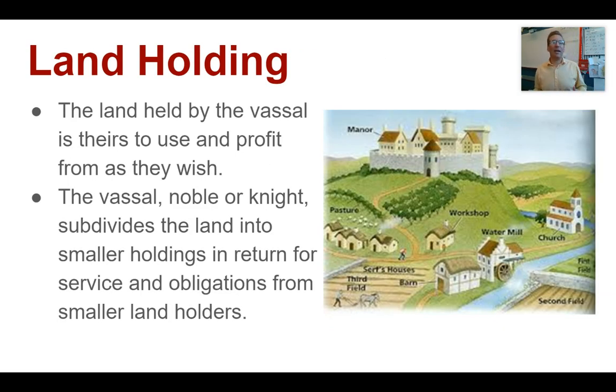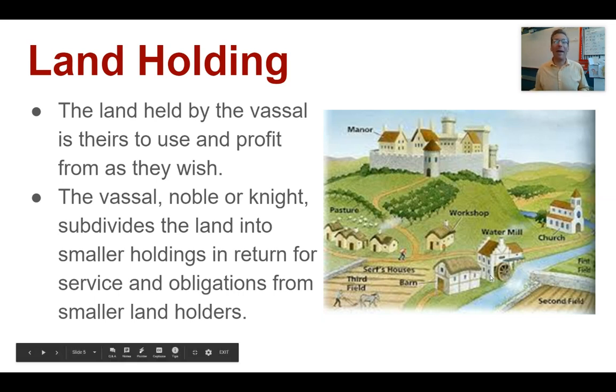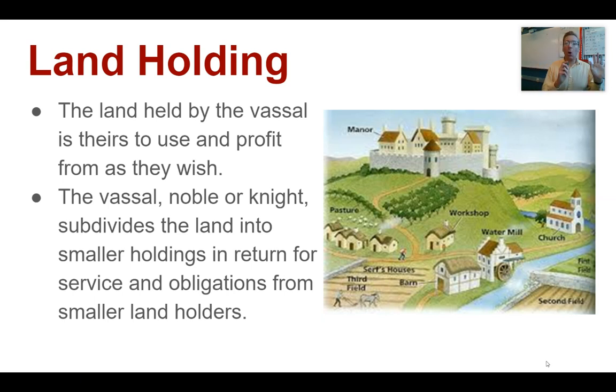So the land that was held by the vassal is used for their profit. They can do with that land as they wish with very little regulation. And usually this land would be turned into a manor. More on manors later. Now the vassal, who can be a noble or a knight, a duke, a count, a baron, a knight, subdivides the land into smaller holdings.